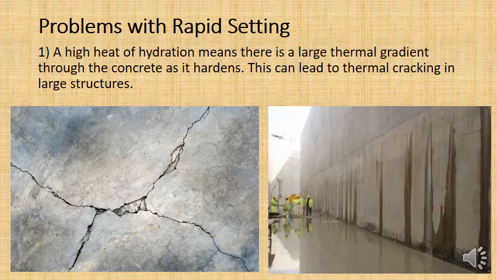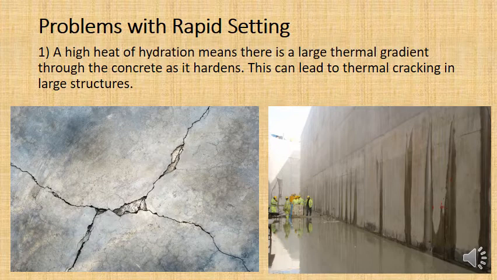If there's a high heat of hydration, that heat is going to want to escape from the concrete. And if it's a very new concrete and it hasn't had time to harden, it's going to be a fairly weak concrete too. Now, this is a problem that leads to what we call thermal gradient cracking.